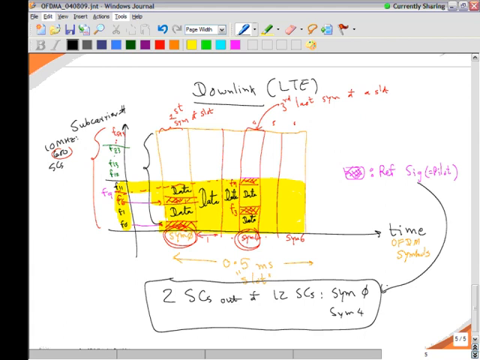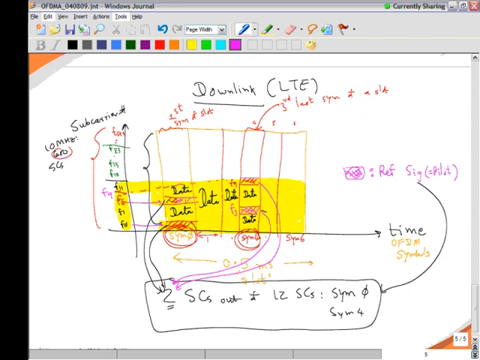That is your referencing. So you are not using all the subcarriers, you are using only 2, one here and one here. Similarly, you are using the other 2, one here and one here. So 2 subcarriers out of 12 subcarriers are used for pilot, for your reference signal. But all other subcarriers are your data subcarriers.